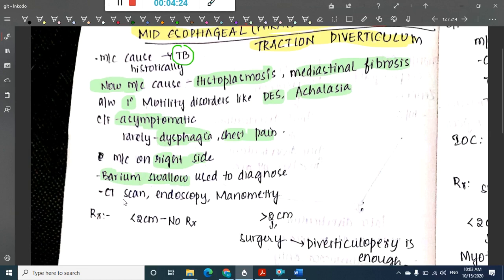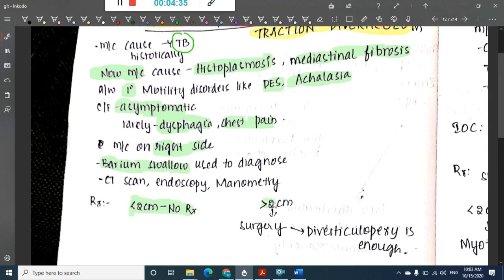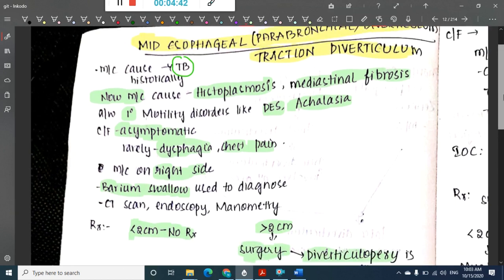You can also do CT scan, endoscopy and manometry. For treatment, if the diverticulum is less than 2 centimeters, then no treatment is required. If it is more than 4 centimeters, then you will have to do surgery, where diverticulopexy can be done. I'll show you the picture.